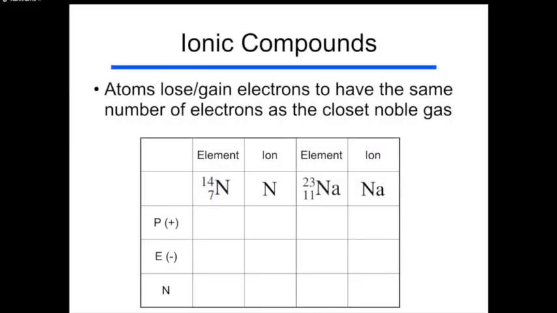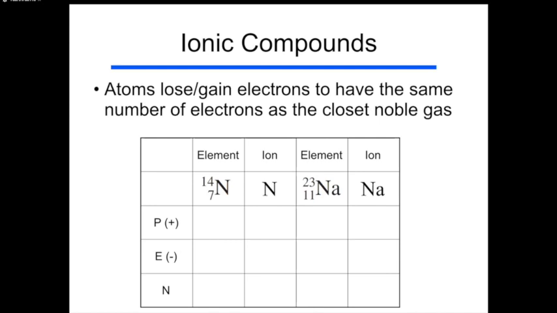Now, if we take a look at examples of trying to predict an ion, we can look at the element versus the ion. The first one I'm going to look at is nitrogen.